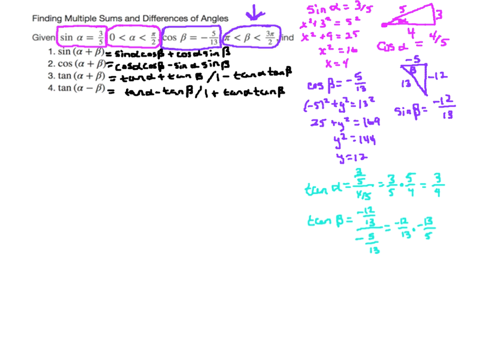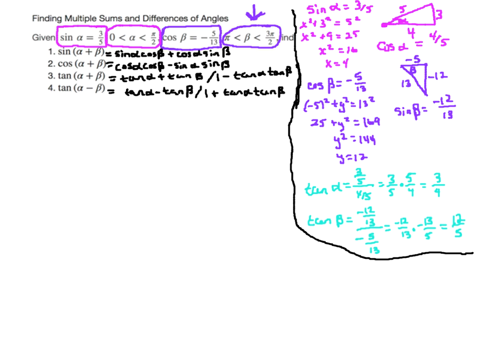My 13's divide out. Negative times a negative is a positive, so I get that the tangent of beta is equal to 12/5. Okay? So now I have all my background work done. Now I'm actually ready to plug these things into the sum and difference formulas.